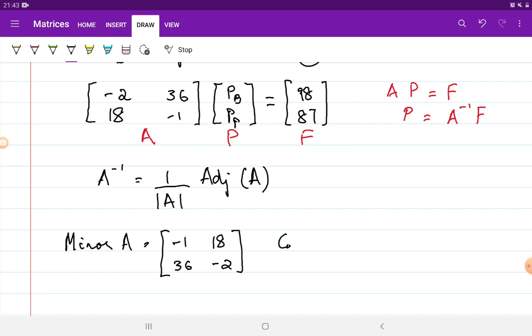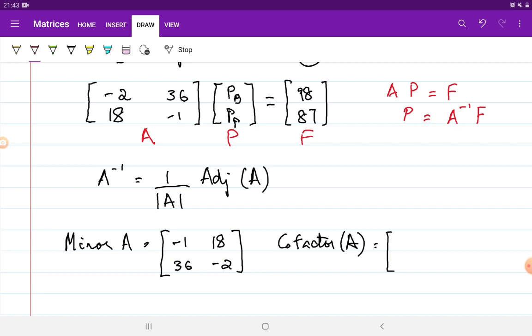From the minor, I can find the cofactor matrix of A, which is nothing but the minor with the appropriate signs. And what are the appropriate signs? It is minus 1 to the power i plus j, where i is the row number and j is the column number.